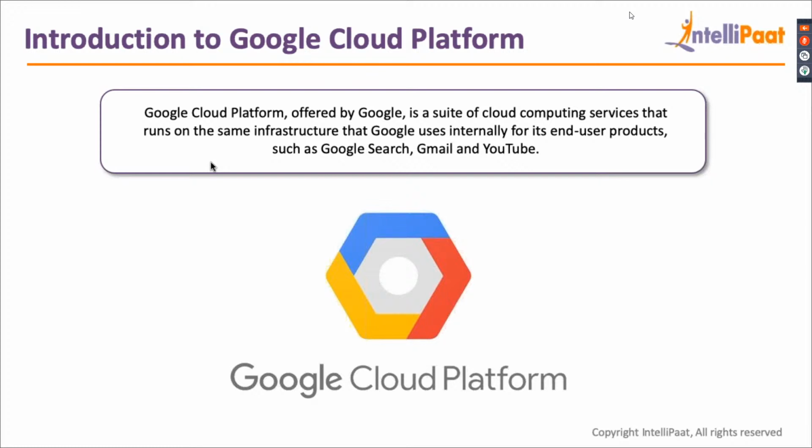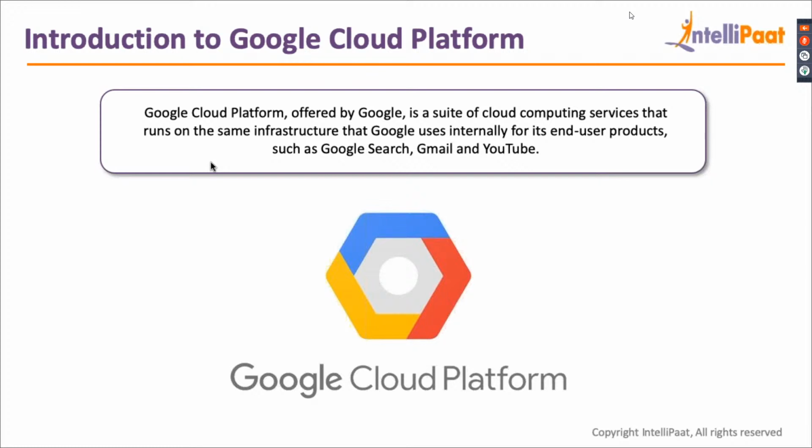Right? Google Search, every second there are a million or more searches on Google, right? And think about the kind of hardware that they require for this kind of implementation, right? So that is also hosted on the Google Cloud Platform.